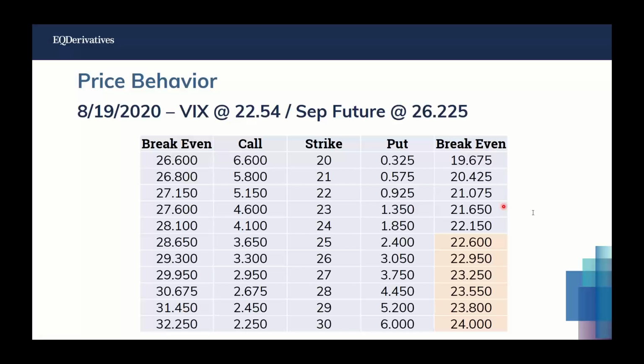Okay, Juan, thanks for the question. This is definitely described better with the option pricing. It's not accurate to say there's negative time value here, but let's say you buy the 30 strike put for $6 and VIX doesn't move at all, and you plan on holding it to expiration.